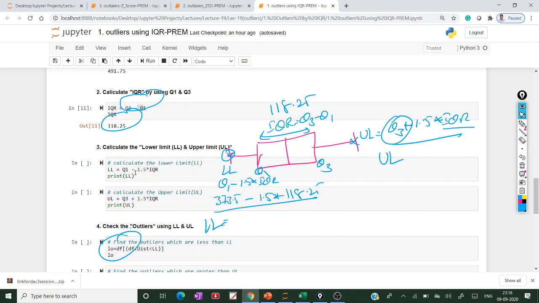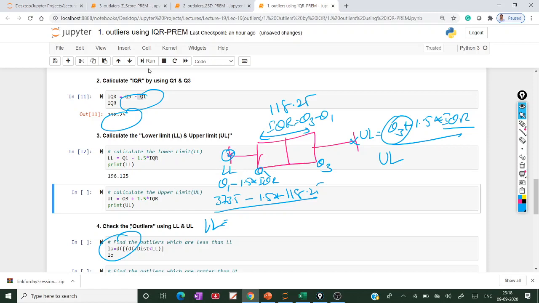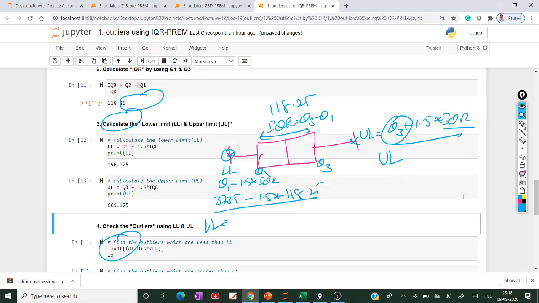So if you execute this, the lower limit is 196.125 and the upper limit is 669.125.